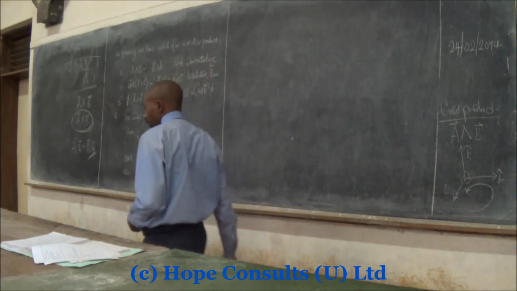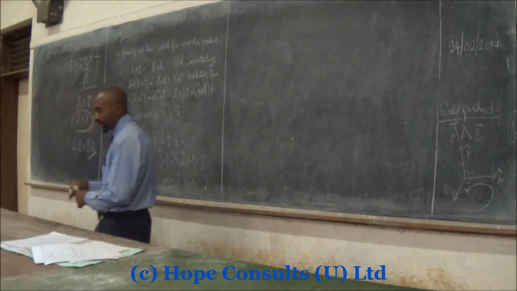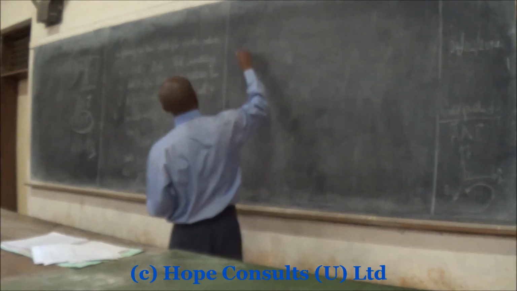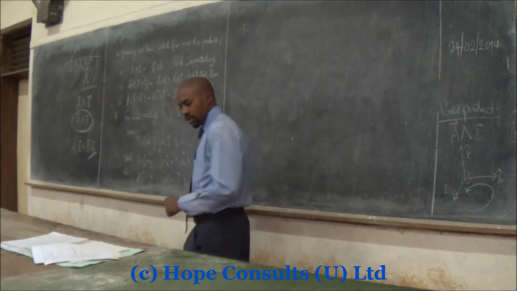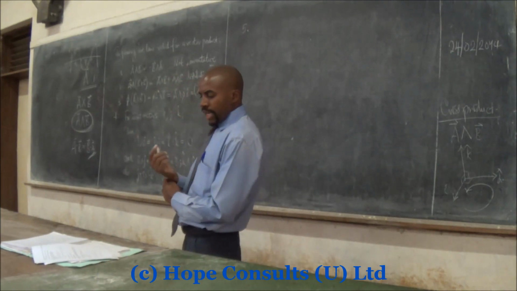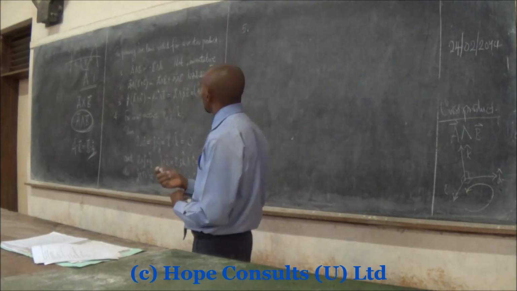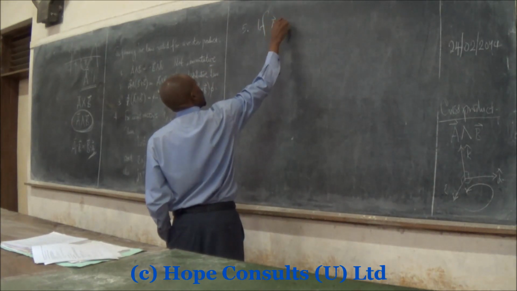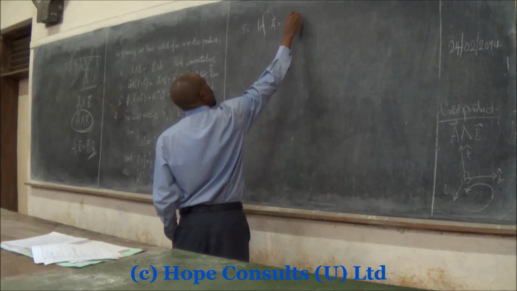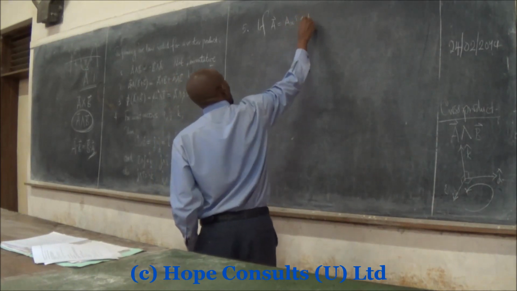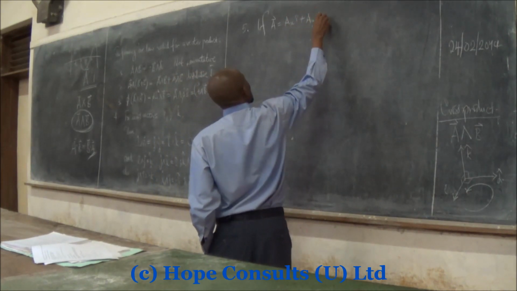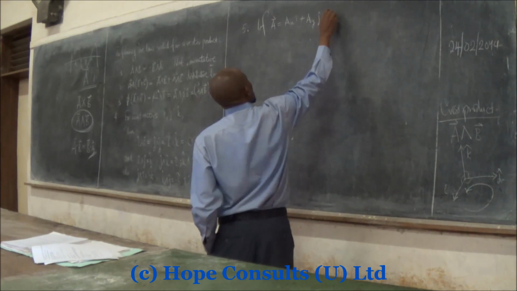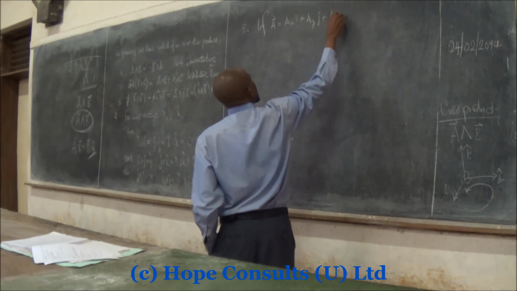So if our vector A is equal to AX I plus AY J plus AZ K.